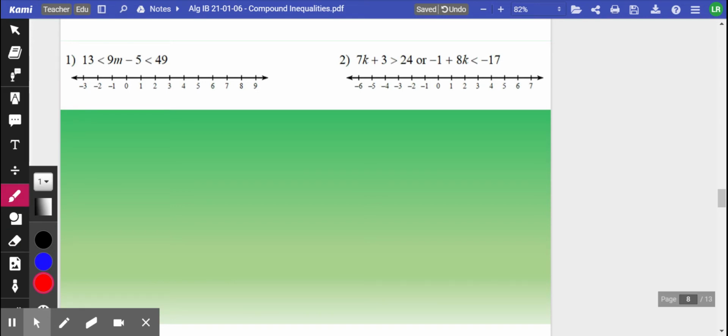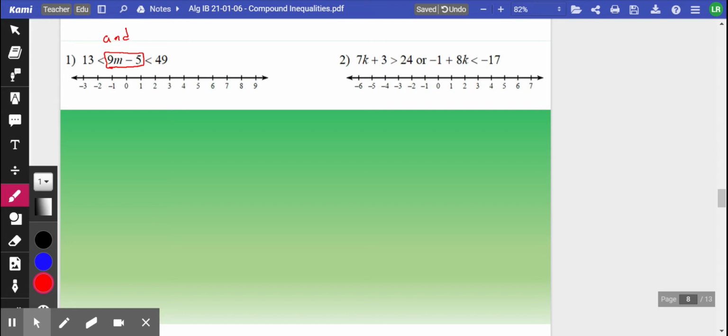It's a special way to write it. What I need to do is break this compound statement into two separate problems. So put a box around what's in the middle, because the middle part goes with both of the problems.